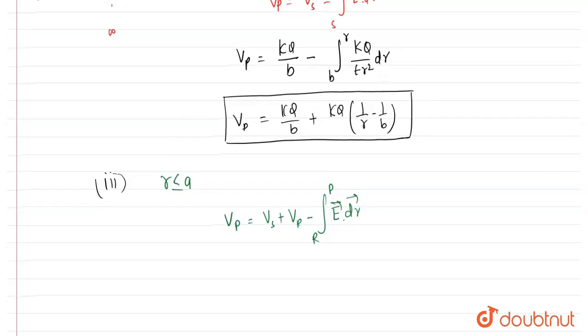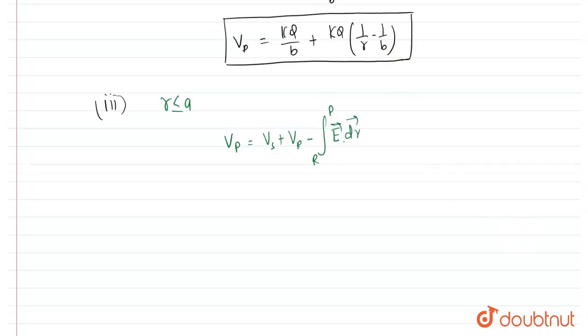So we know the value of potential at the surface, that is equal to kq upon b, plus the potential at point r will be equal to kq upon epsilon r, where the value of r for the inner surface is a, times 1 upon a minus 1 upon b.